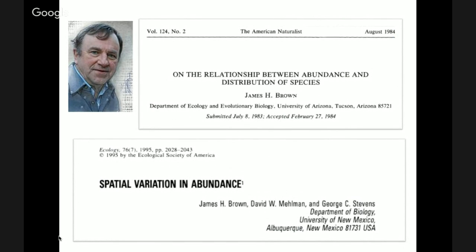So, reloaded. In the 80s and the 90s, Professor Jim Brown published these couple of papers in which he analyzed the internal structure of geographic ranges of species in terms of abundance. And he described three main patterns in the distribution of abundance across the ranges of species.